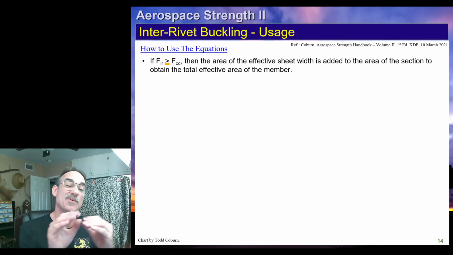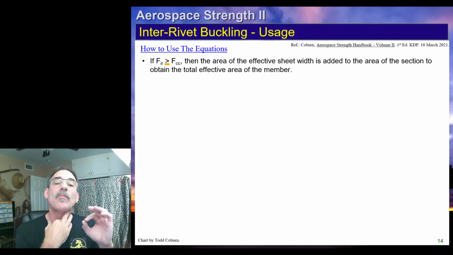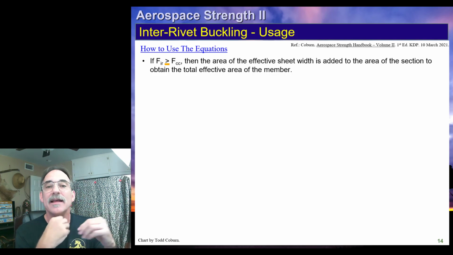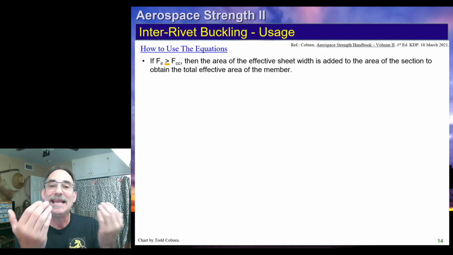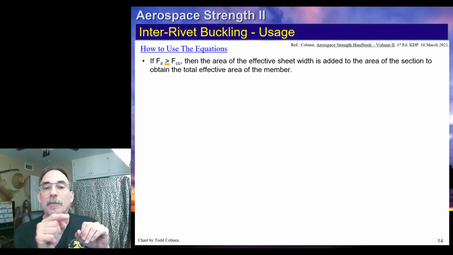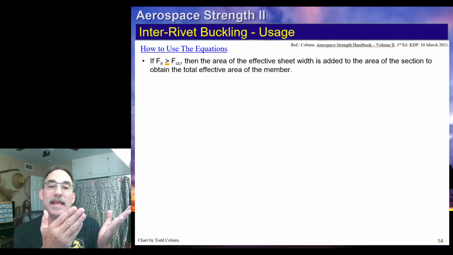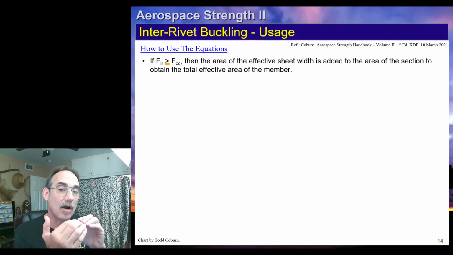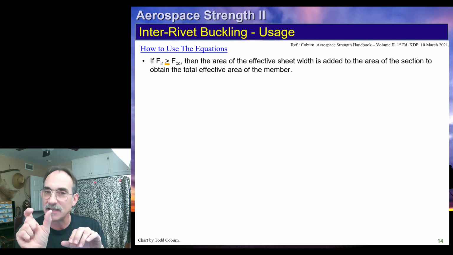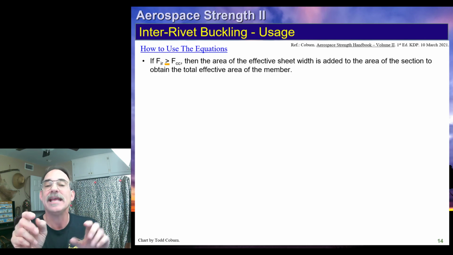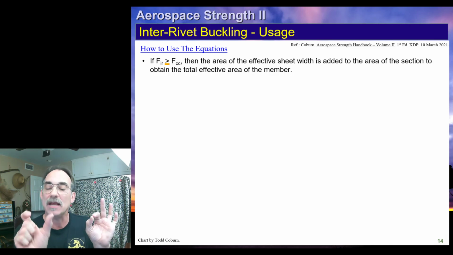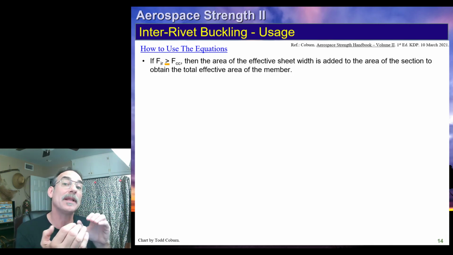Once the stringer buckles, the skin is not going to help. So what we'll do is check the inter-rivet buckling against the crippling allowable. If our inter-rivet buckling allowable of the skin between the fasteners is greater than or equal to our crippling allowable of the stringer, then the effective width of skin that we calculated is correct, and it will support the full crippling allowable of the stringer when we assume that width.